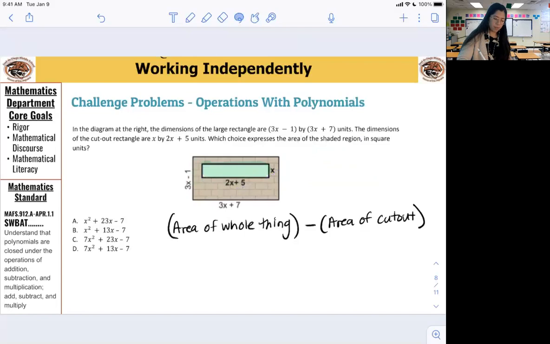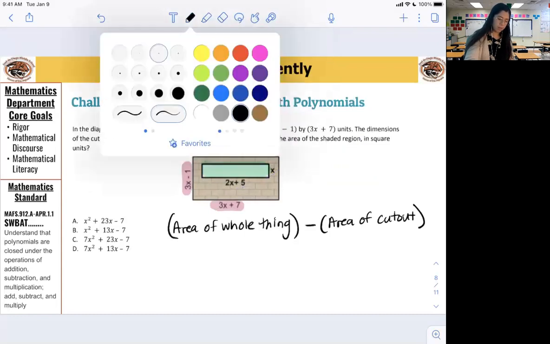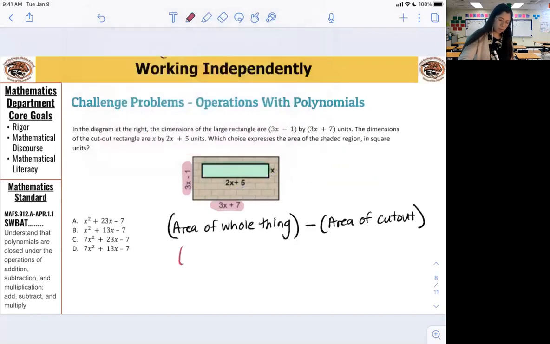So area of the whole thing. Remember what I just said. Area means what operation? Multiplication. So in order to get the area of the whole thing, I'm going to multiply the length times the width. So the area of the whole thing would be 3x minus 1 times 3x plus 7.